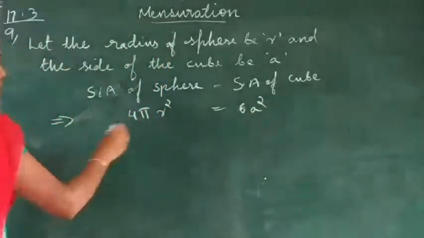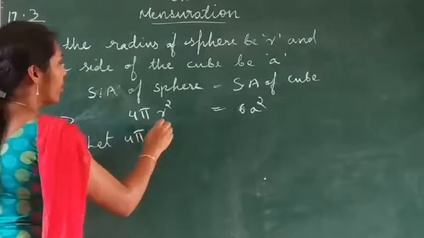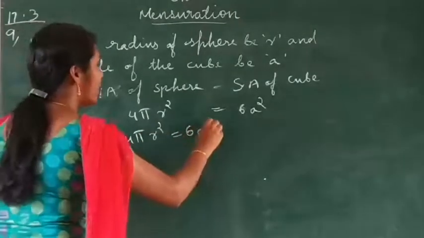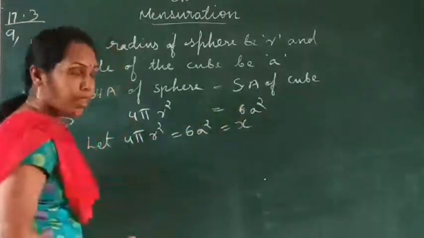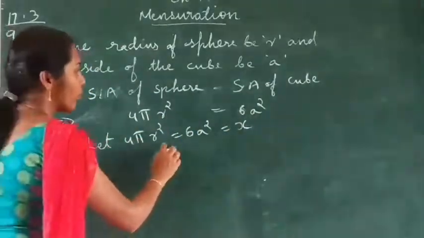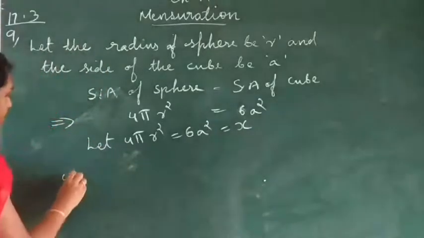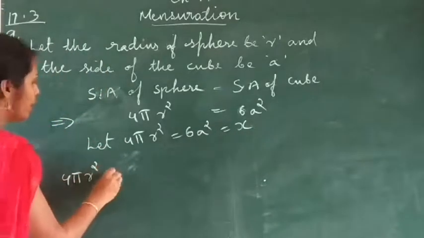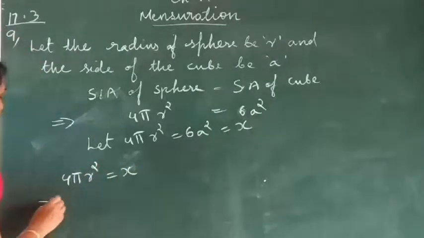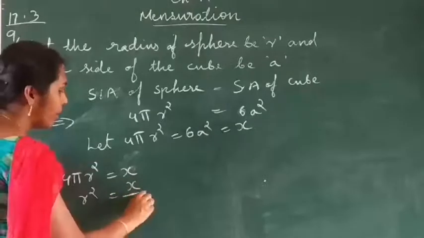Now let us let 4 pi r square equal to 6a square equal to x. Now from the first two we can find out the value of r from 4 pi r square and x. So 4 pi r square equal to x implies r square is equal to x by 4 pi.